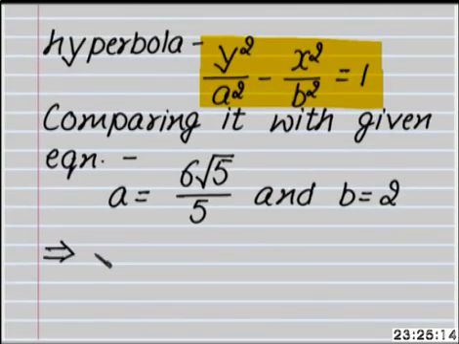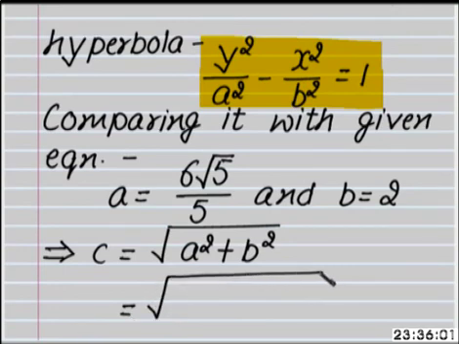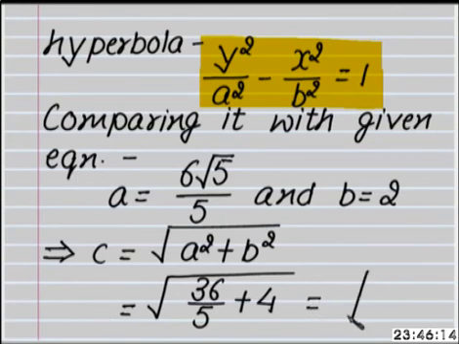So this implies c, which is equal to square root of a² plus b², will be equal to square root of 36 upon 5 plus 4, and that is equal to square root of 56 upon 5.